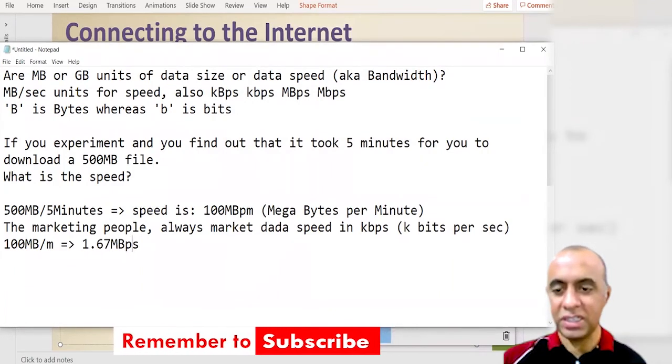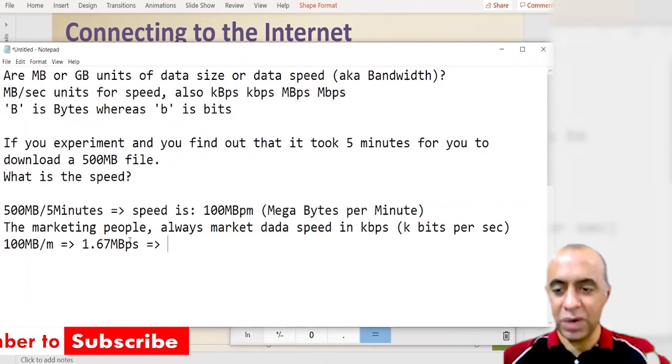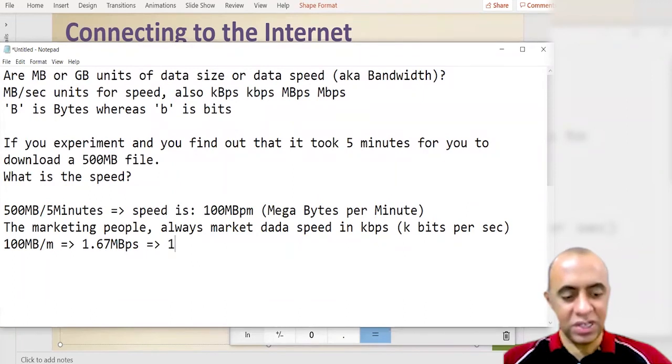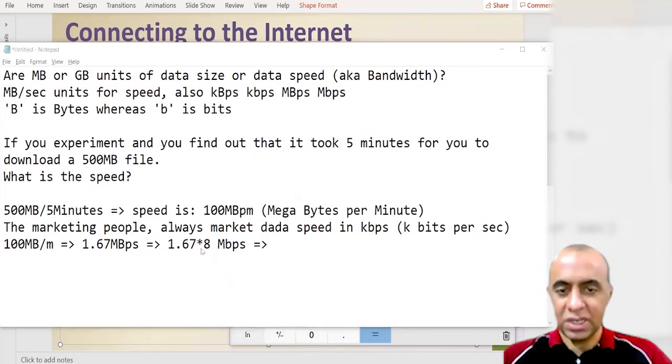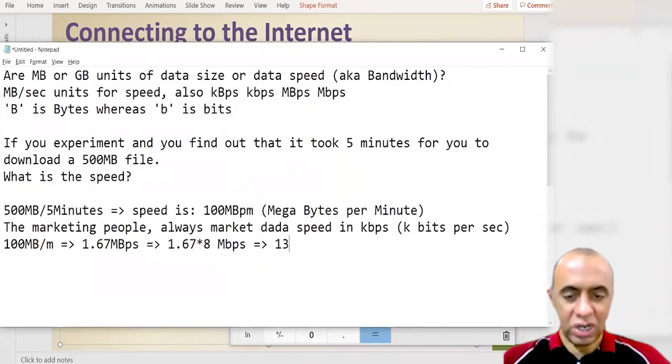So you have 1.67 megabytes per second. Then I have to convert bytes into bits. 1 byte is equal to 8 bits, so I have to multiply this by 8 to get megabits per second. So the answer becomes 1.67 multiplied by 8 is 13.3. So I will write 13.3 megabits per second.